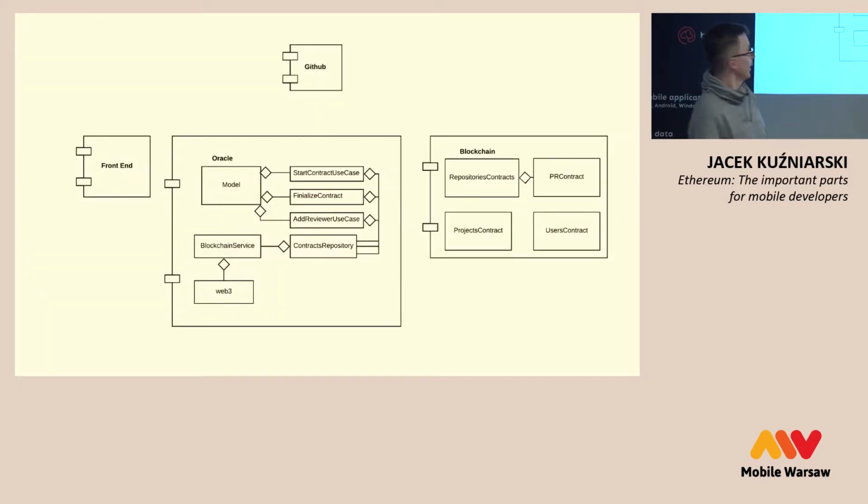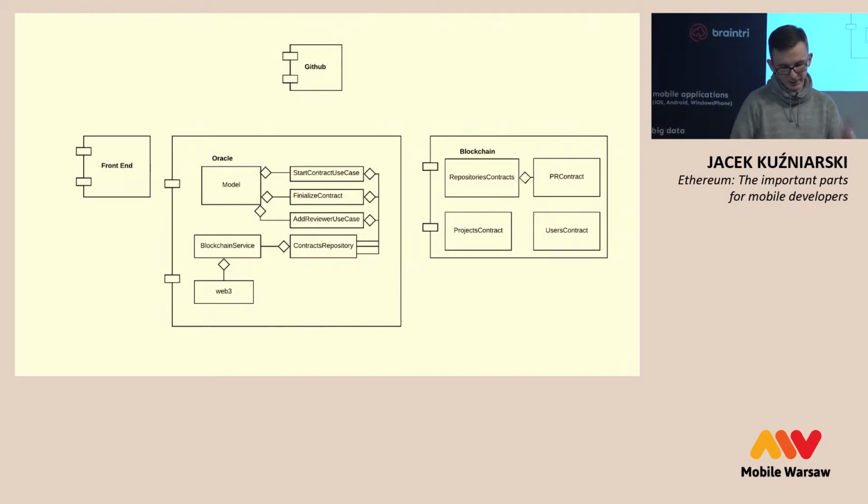And okay, forgive me for the butchered UML, but this is a simple graph of how it was structured. So we had GitHub at the top, which we would talk to via their API and webhooks.